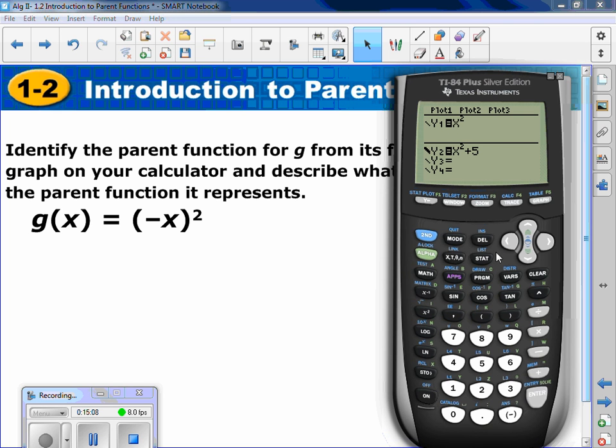All right, the original parent function stays the same. This one here, if I press clear, it clears it out. If I put negative x squared, and I'll make this one darker, and I hit graph.